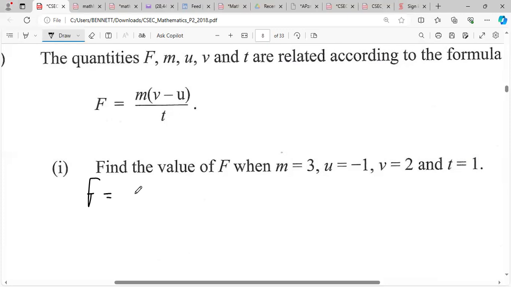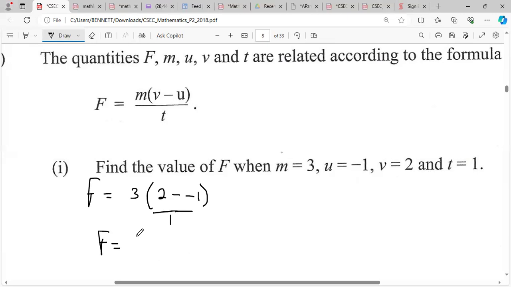M is 3, so that's 3. Put the bracket, what's V? V is 2. Now U is minus 1, so we have to put minus, plus the minus 1. And of course, T is equal to 1. So work out the bracket first, according to BODMAS.